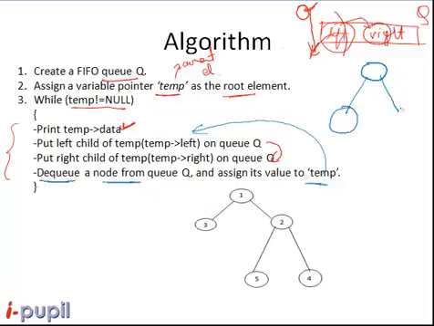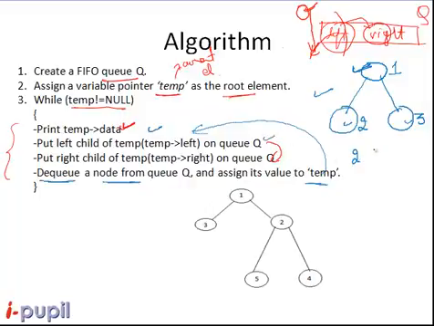Say this is the tree that I have to do a level order traversal of. So the order in which the elements are taken is first this element, then this element, and then this element. So essentially I have to print the root element first, as I've done over here. Then I print its left child and then its right child. So I put 2 on the queue first, according to this step.